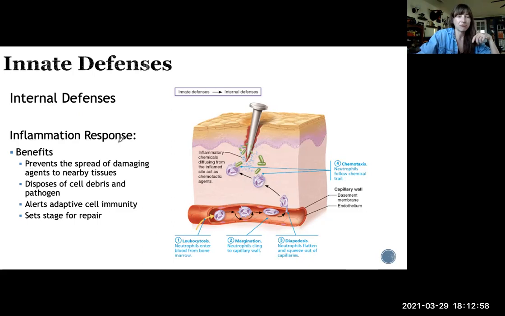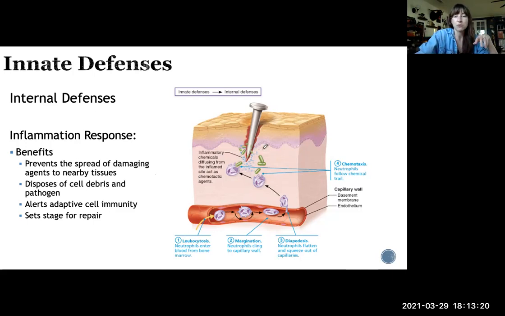So the inflammation response is uncomfortable. We associate it with redness, swelling, pain, and heat, which are all actually very important parts of the inflammation response. But the importance of it is that it prevents the spread of whatever damaging factors have been introduced to other areas.